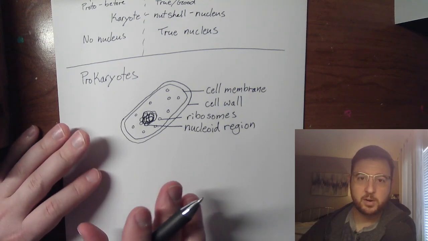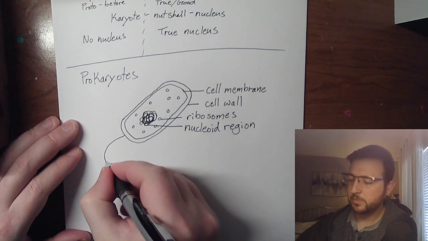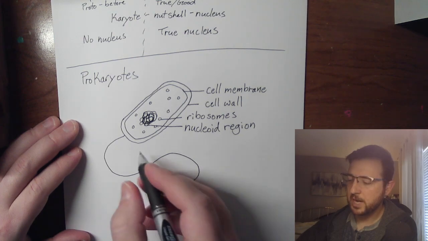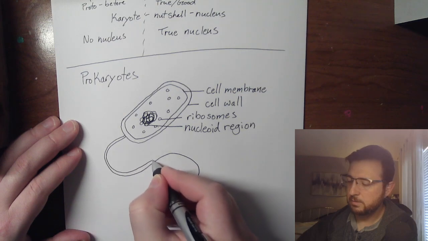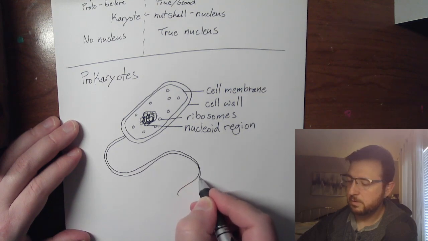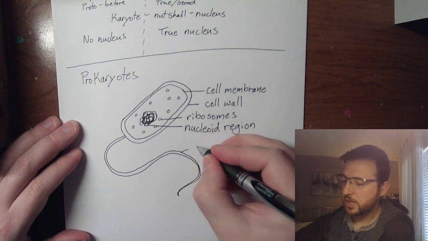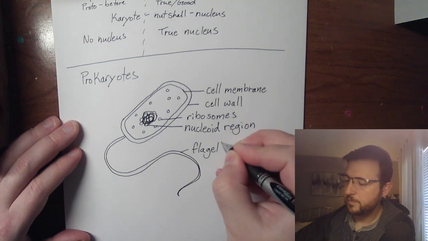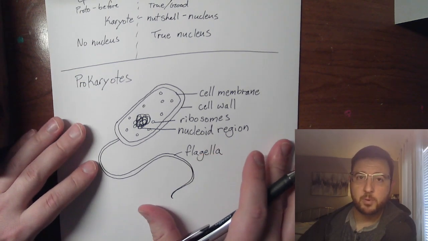But some prokaryotes have another part called the flagella. It's this tail-like structure that comes out of the cell. Okay, this would be the flagella. Flagella. All right, now we've drawn our prokaryote.